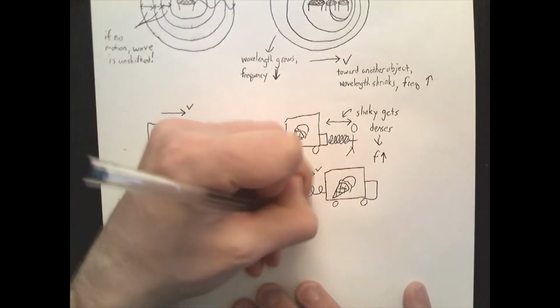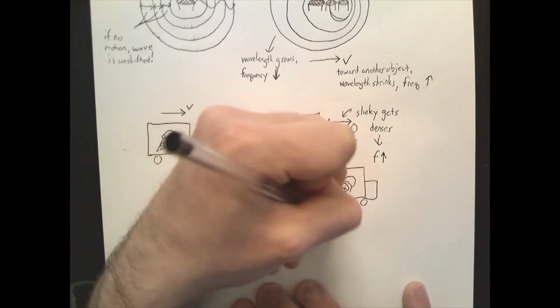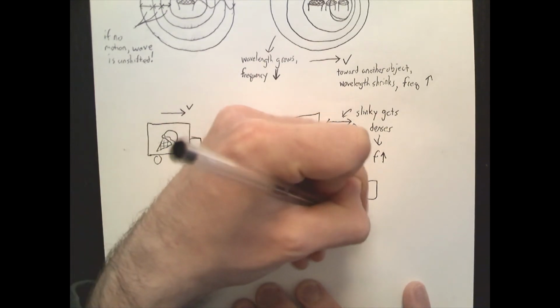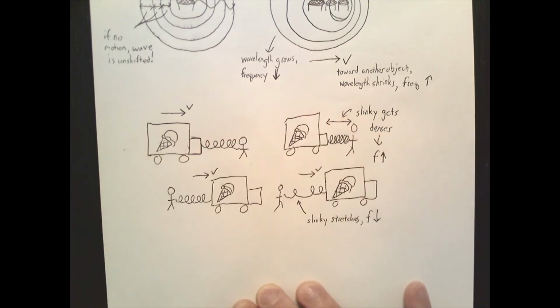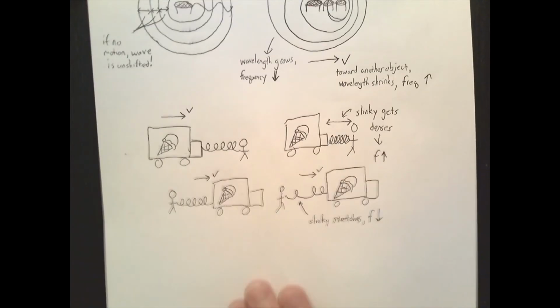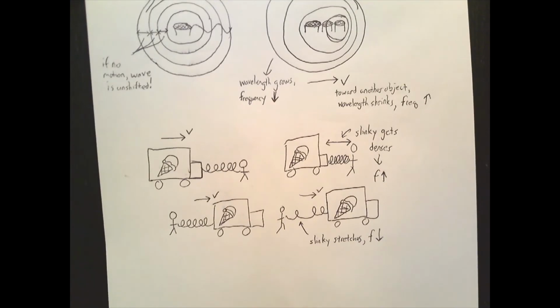So the slinky stretches and the frequency decreases. So we have this sort of intuition now that if objects get further apart, the frequency is going to decrease. If objects get closer together, the frequency is going to increase.